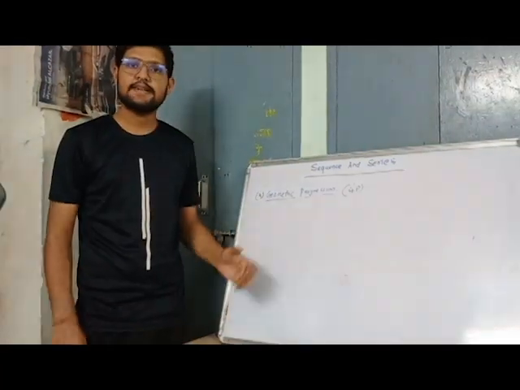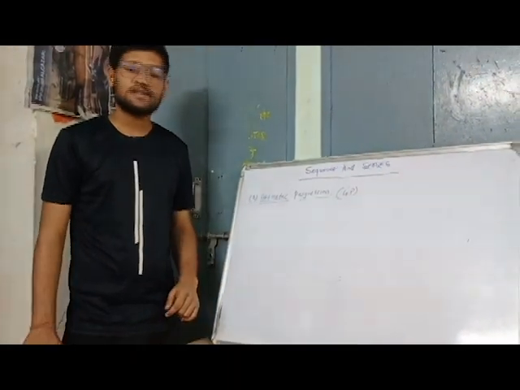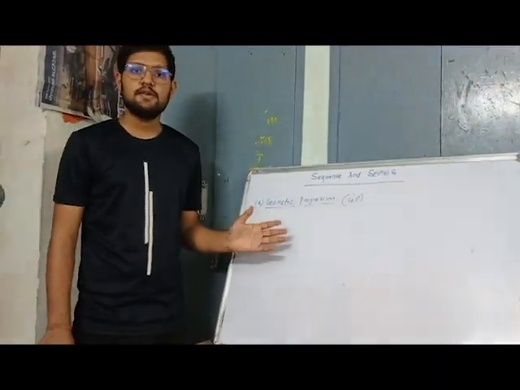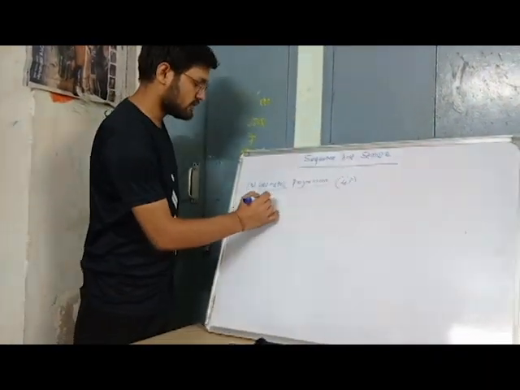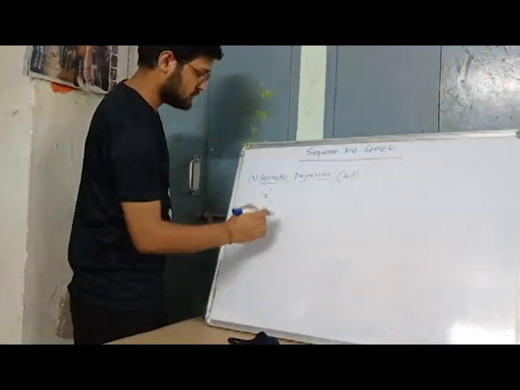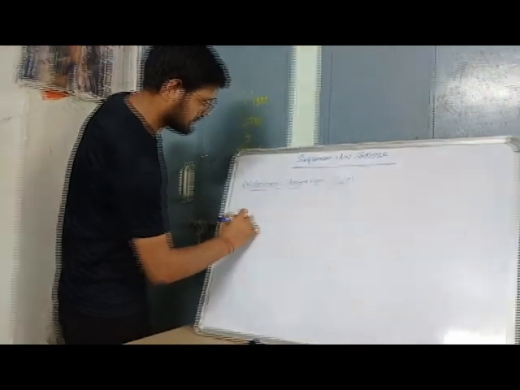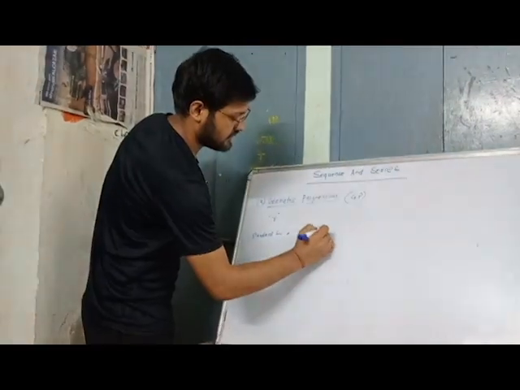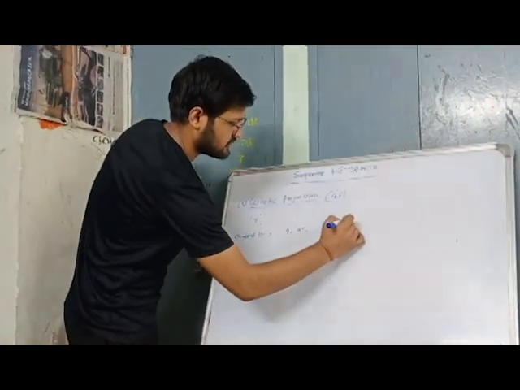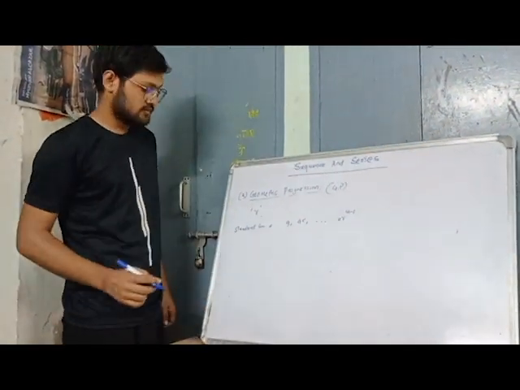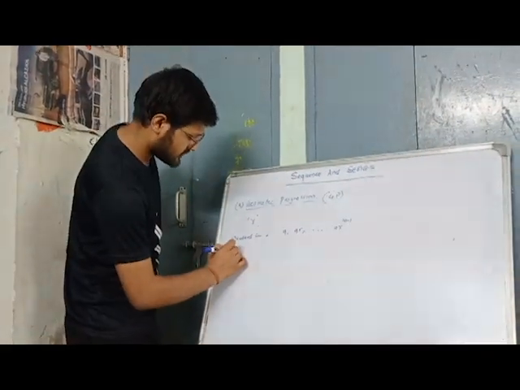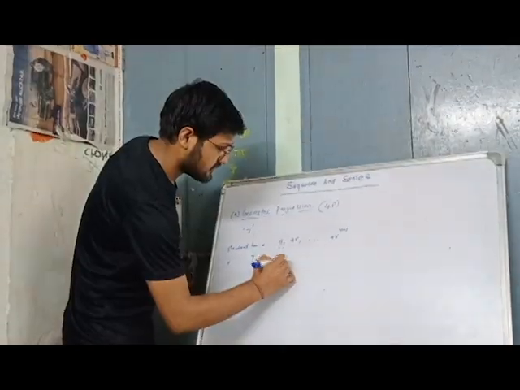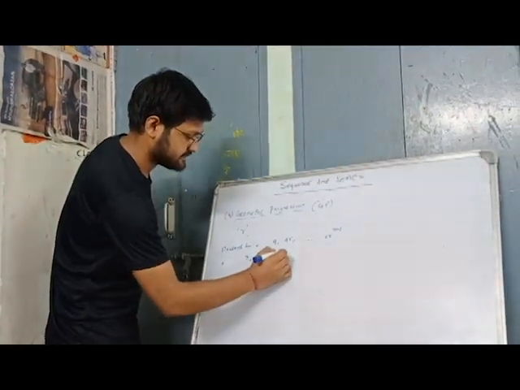Now we are starting the second topic, which is geometric progression. Here the ratio of each term will be constant, which is denoted by r, also known as the common ratio. The standard form will be a, ar, up to a r to the power n minus 1, and the general term of a geometric progression is Tn equals a r to the power n minus 1.